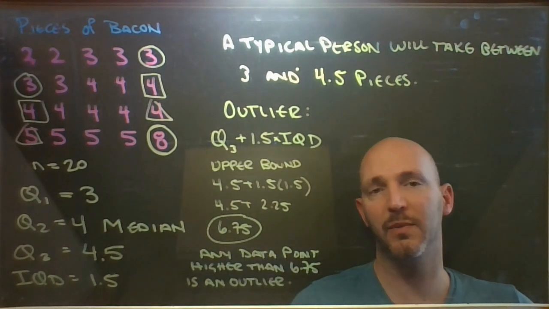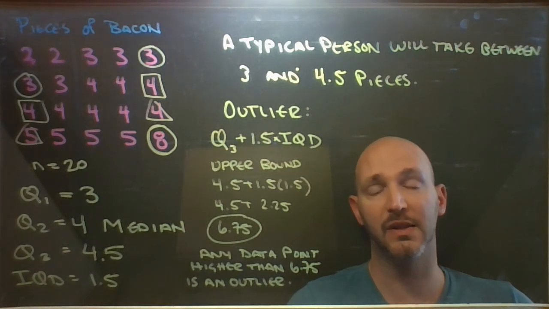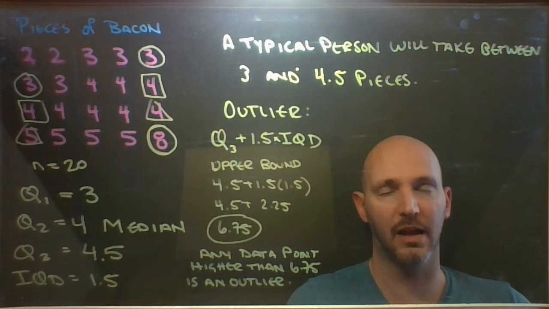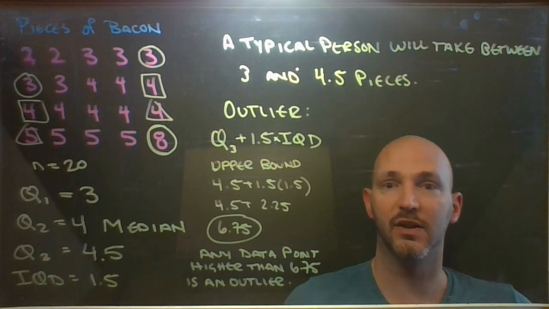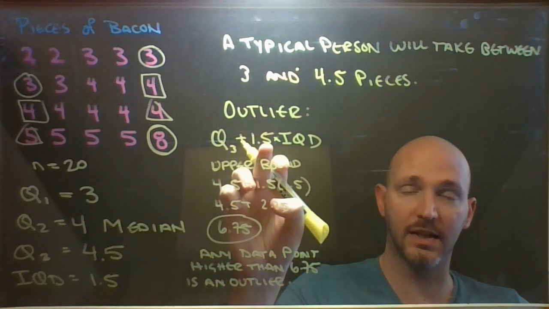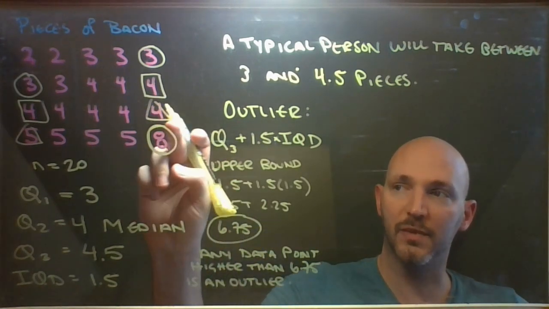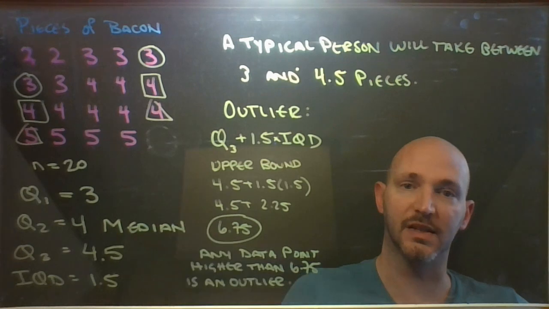Which means you have permission to dump it. It's so comically high compared to the rest of the numbers that it obviously doesn't belong there. So this fact that Q3 plus 1.5 times the IQD gives you a number less than this gives you permission to just vanish it from the set.